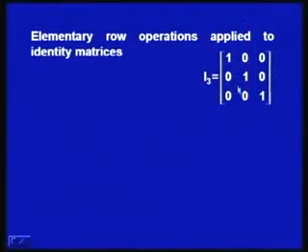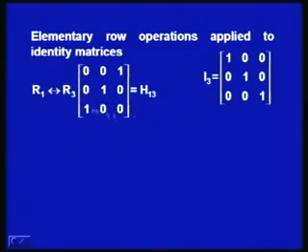Now, these elementary row operations, when they are applied to an identity matrix, let us say I consider I3, that is a 3 by 3 identity matrix, and I apply an operation R1 interchange R3. So, when I interchange the first row with the third, then this one will come here and this one will come here.